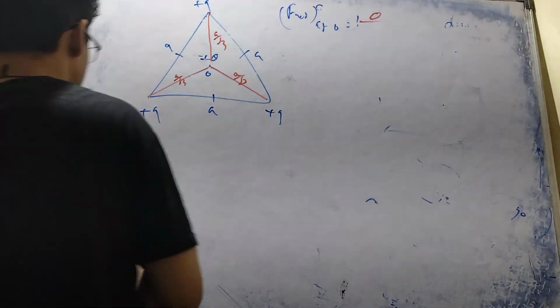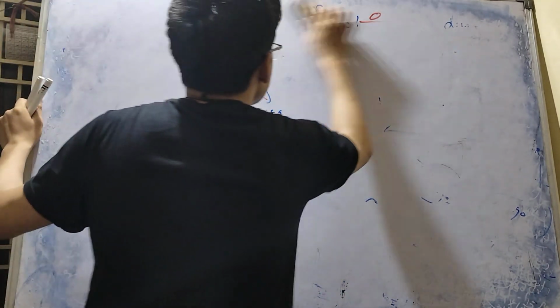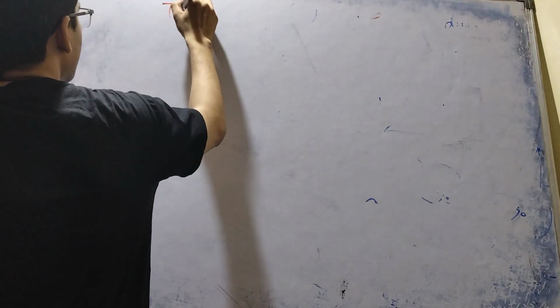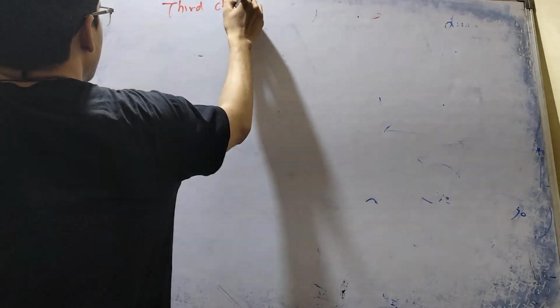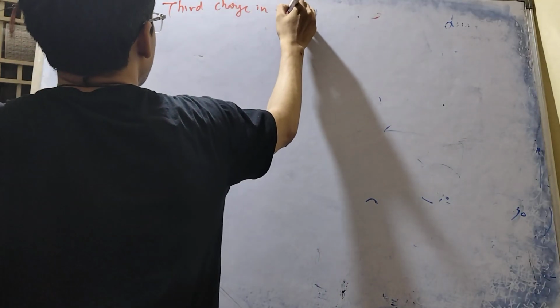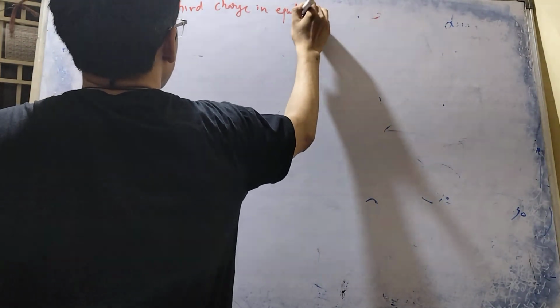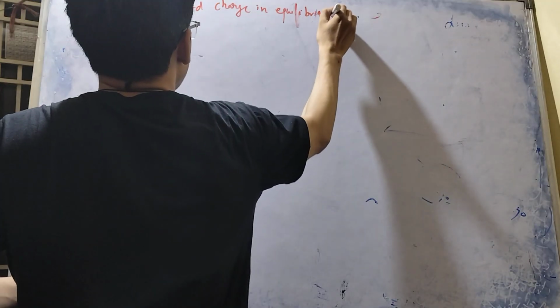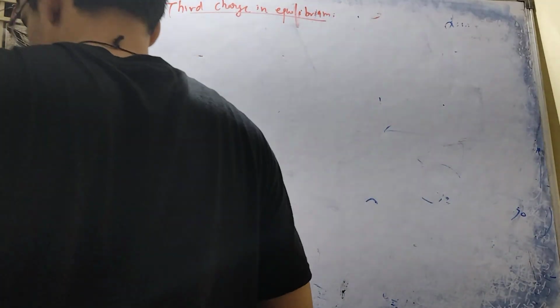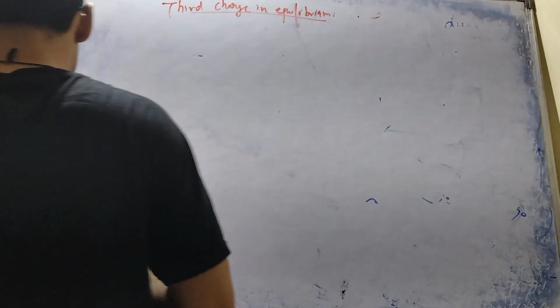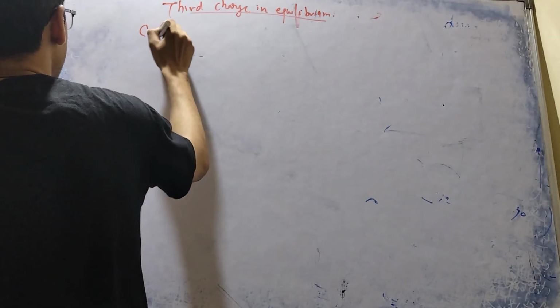Now write another question. Third charge in equilibrium. What is given actually? Case 1.